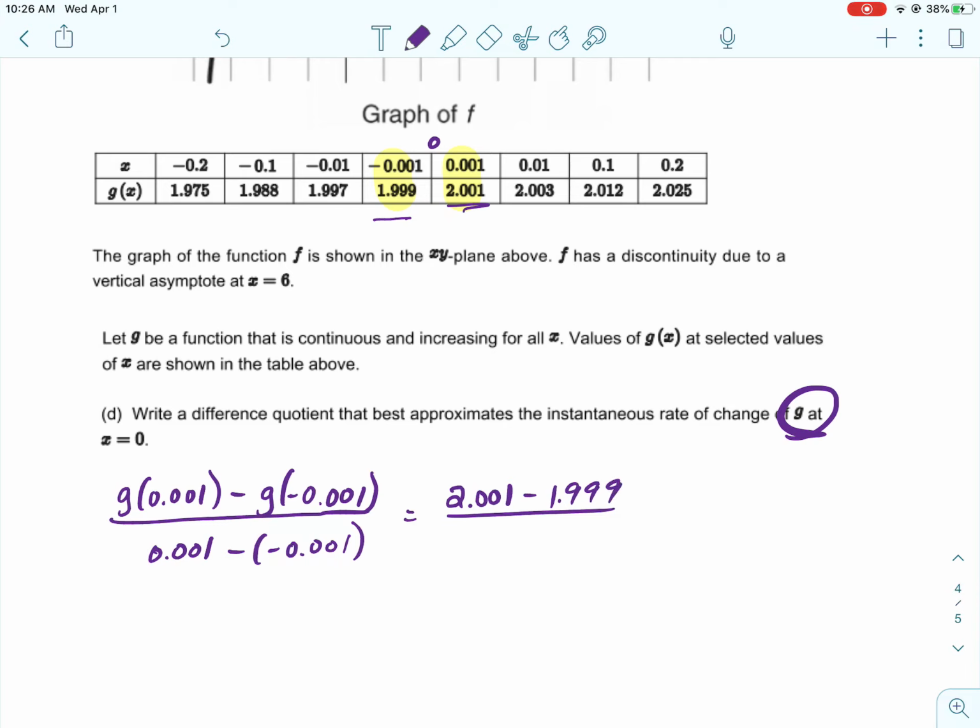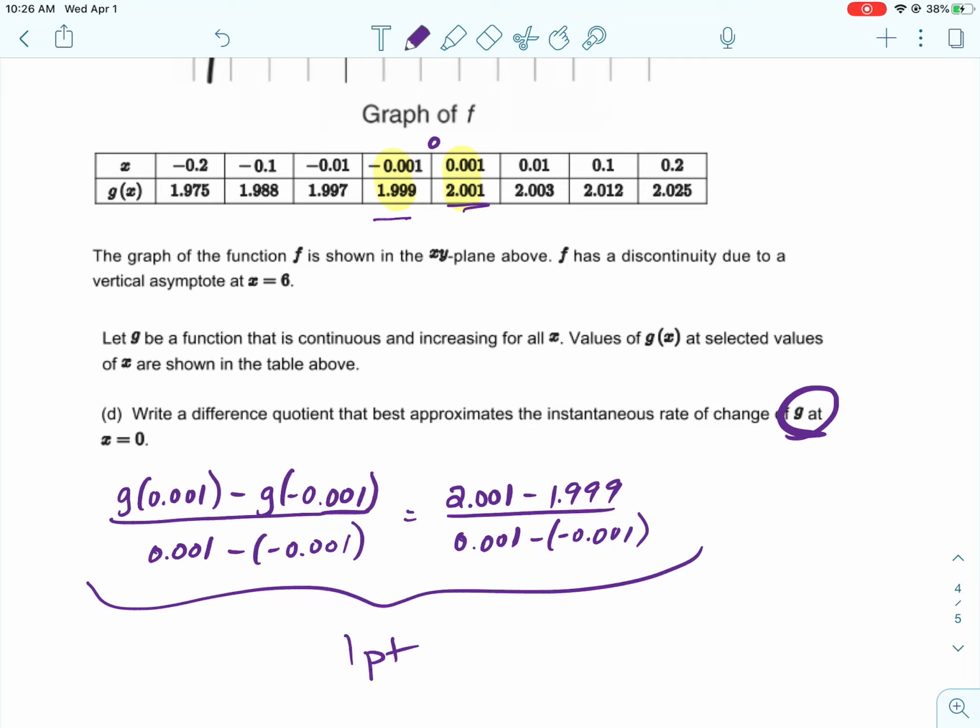You could take this a step farther if you didn't want to write it that way, and you could use the actual y points. That's fine. That's perfect as well. You could stop right here, or you could do this, or you could do both. Especially on a non-calculator one, I wouldn't try to subtract these. I would just leave it like that, because if you subtract these and get them wrong, you miss your 1 point.